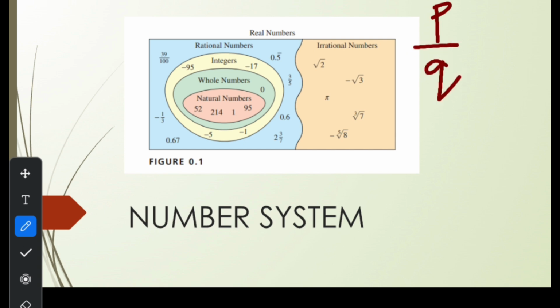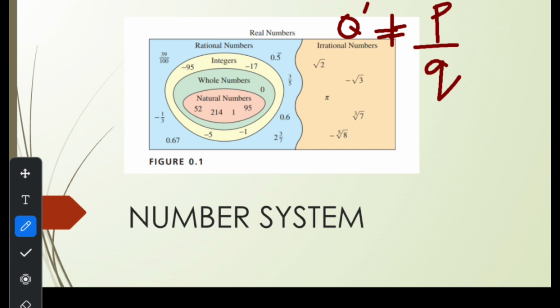We cannot express irrational numbers in the form of p over q. Irrational numbers are denoted by Q dash or Q prime. They cannot be written as p over q.